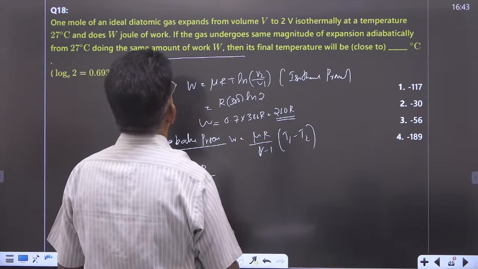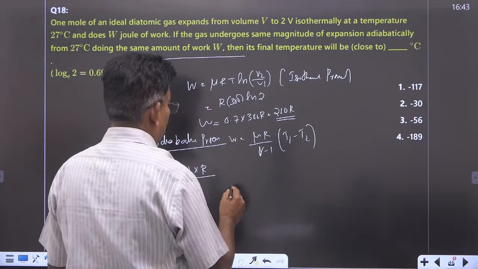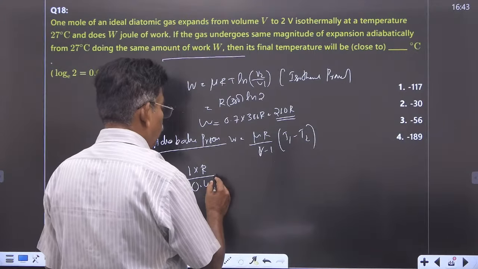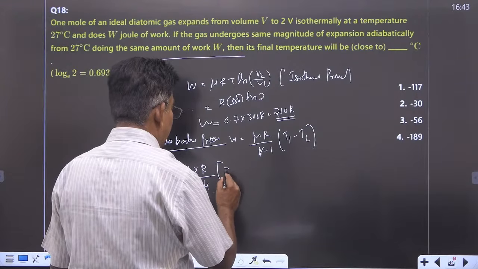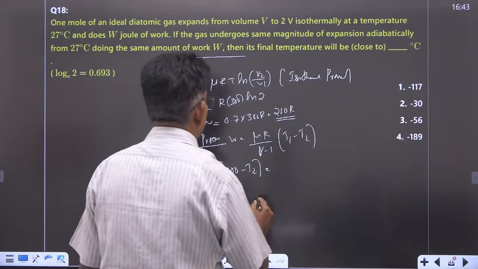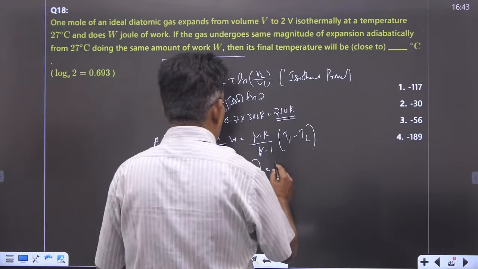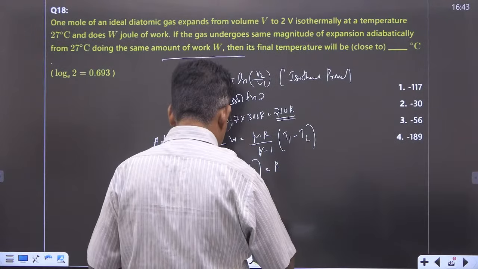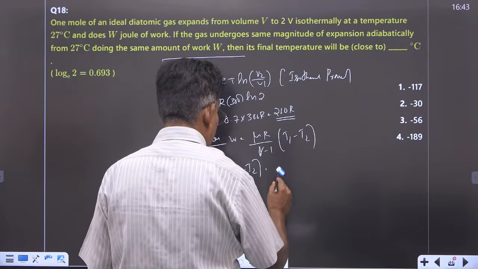Gamma minus 1, what gas? Diatomic gas. Gamma is 1.4. So 1.4 minus 1, 0.4, into T1 is 300 minus T2 is equal to R into log 2. I told you, let it be, yes, 210 R, I got it, 210 R.